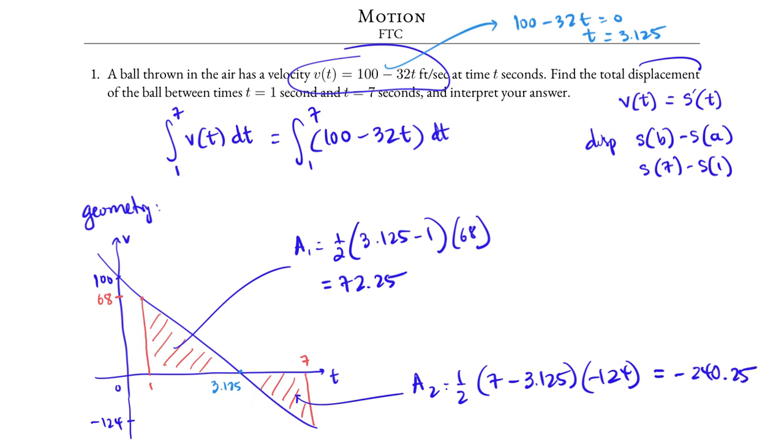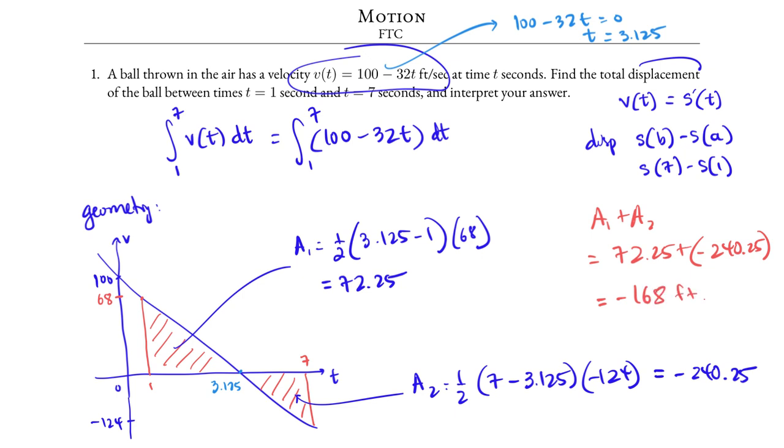The integral is therefore the net area, or simply A1 plus A2, where A1 is 72.25 and A2 is negative 240.25, and we will get negative 168. The unit is feet.